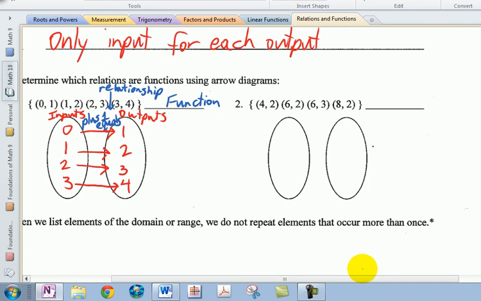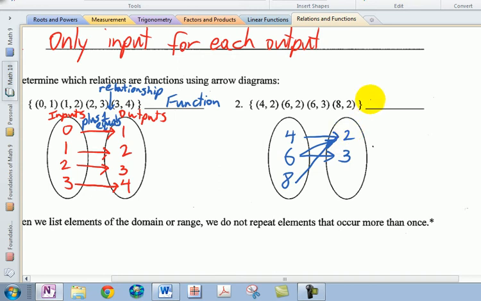Let's look at number 2. So number 2, we have 4, and we get a 2. We have a 6, but we have a 3 or a 2. So a 6 can be either, that's kind of weird, and 8 we have being a 2. That's okay, right? It's okay that 8 and 4 can be the same thing, but it's not okay that 6 can be two different things.